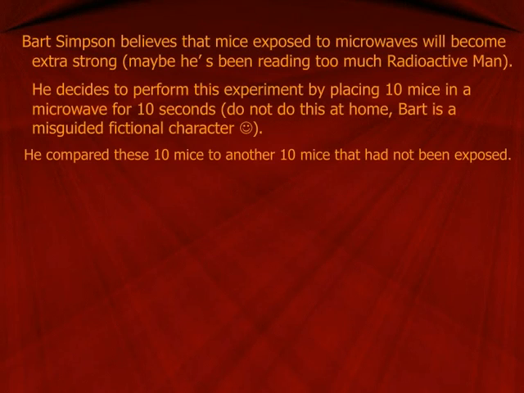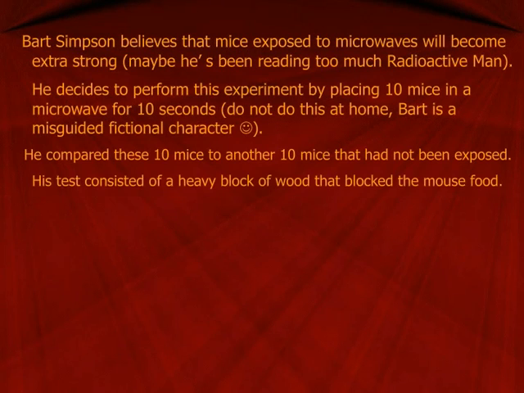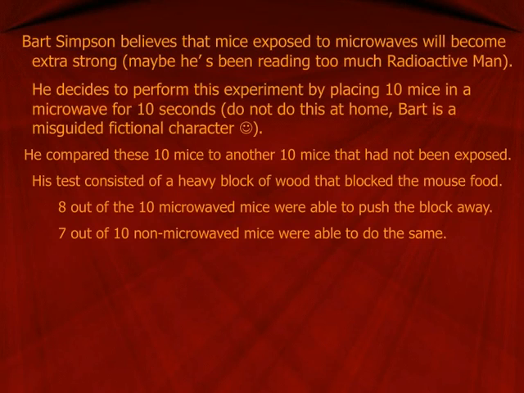He compared these 10 mice to another 10 mice that had not been exposed. His test consisted of a heavy block of wood that blocked the mouse food. 8 out of the 10 microwave mice were able to push the block away. 7 out of the 10 non-microwave mice were able to do the same.